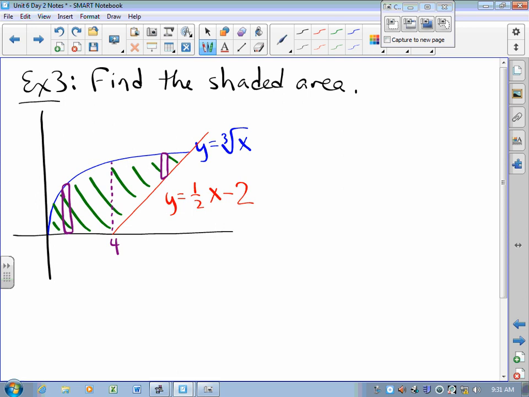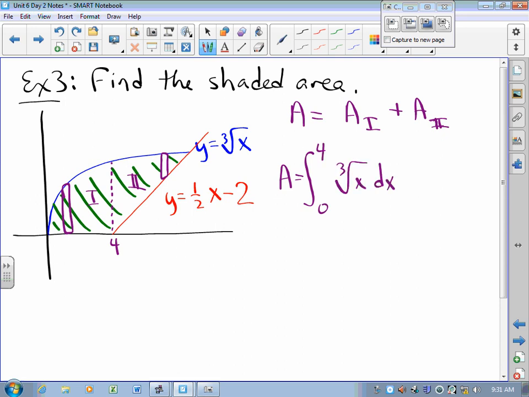We need an integral for area 1 and an integral for area 2. And so the area I want is going to be the area of 1 plus the area of 2. What's the integral that'll help me find area 1? Well, it's just from the blue curve down to the black line, so that's the integral from 0 to 4 of cube root of x dx.